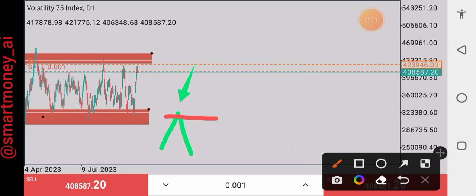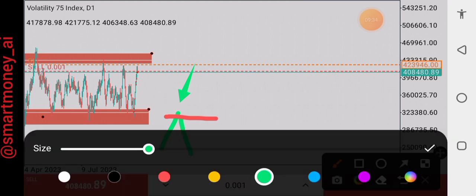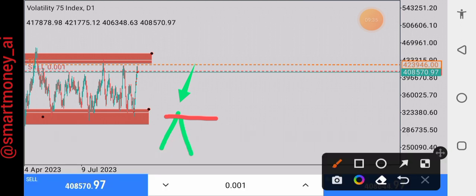Just mark it like that. Because we are in an uptrend, price will come back and break this resistance. When price breaks it, wait for price here, on the resistance you've already marked which price has broken.